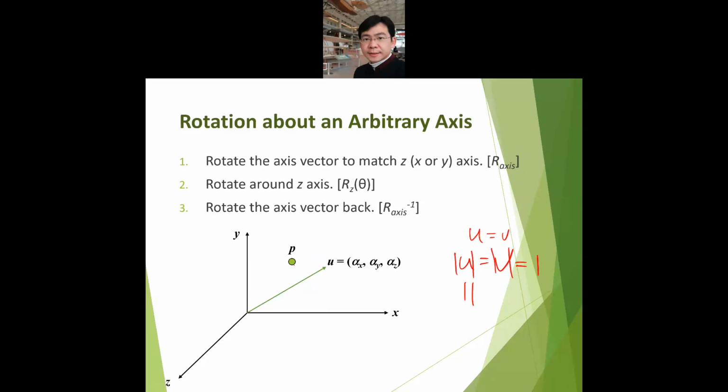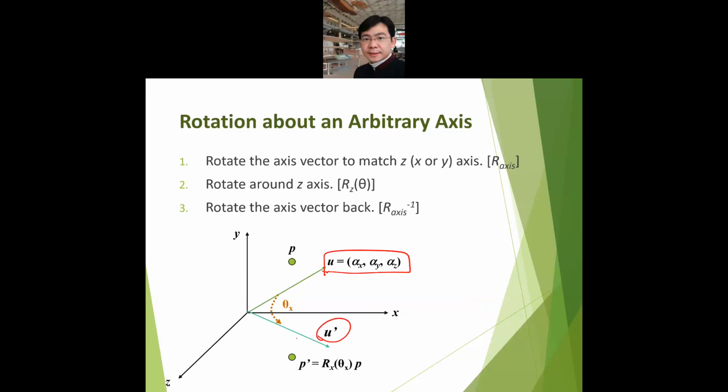Okay, so our idea is if we have a point here, we want to rotate this point by some certain theta, right? But we have no idea what the matrix is, so we can move our vector u to u-prime here.